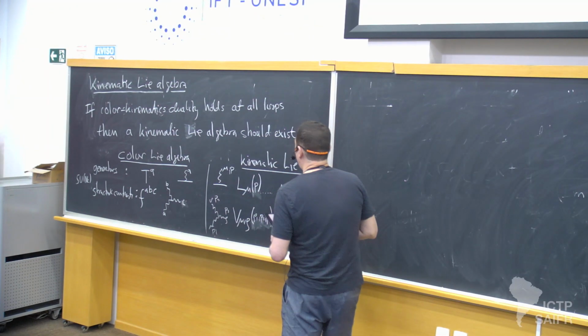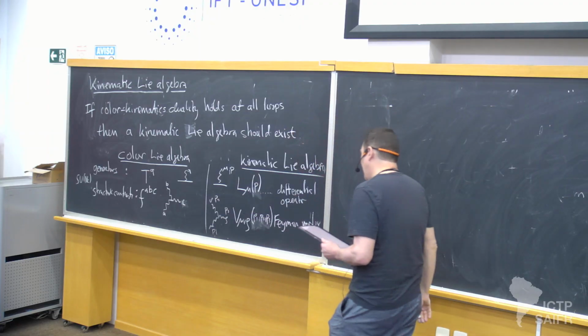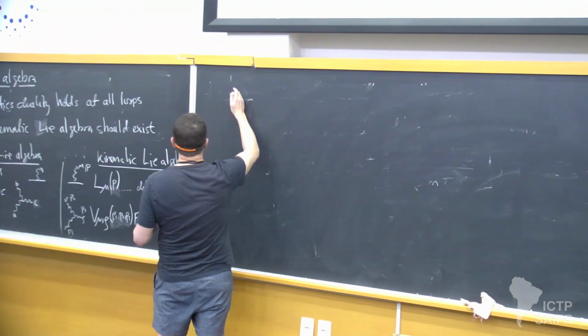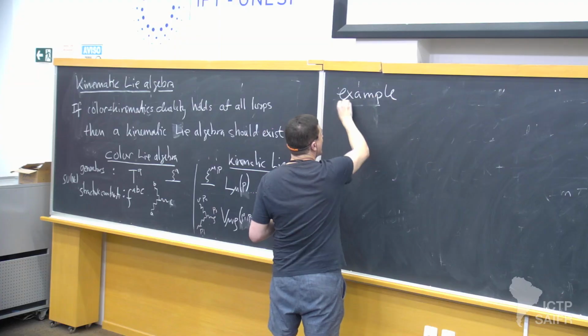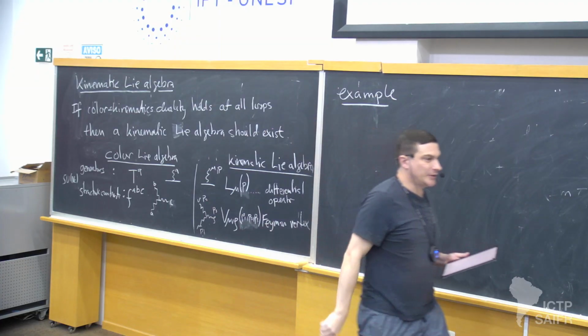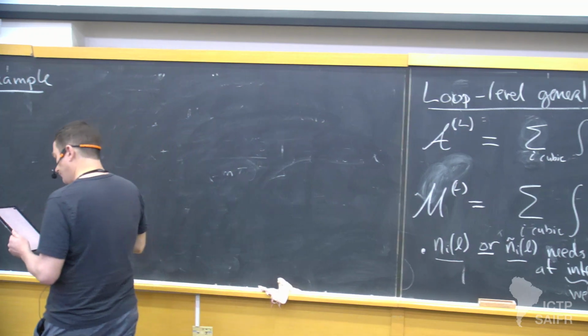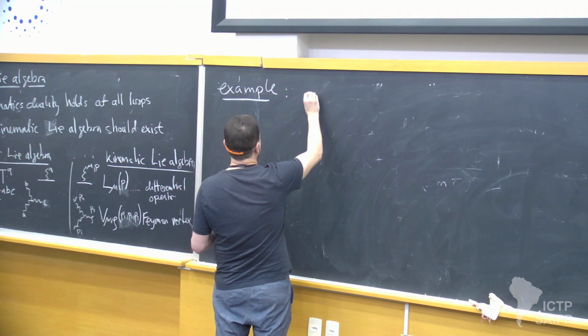So let's give an example. Maybe right now it sounds like I'm making things up, so let's give a concrete example. Here I'm just trying to answer the question: do we know any such kinematic Lie algebra? Yes. One famous example is actually diffeomorphisms.